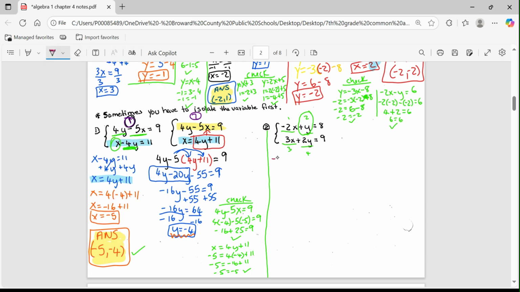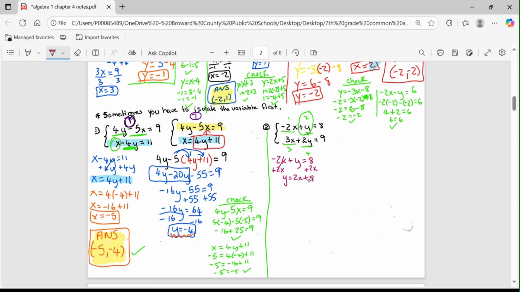I have negative 2x plus y, that's equal to 8. What would we do? We are going to add 2x to both sides. And feel free to pause me, by the way, and try it out if you want to try it out from here. So that y is 2x plus 8.